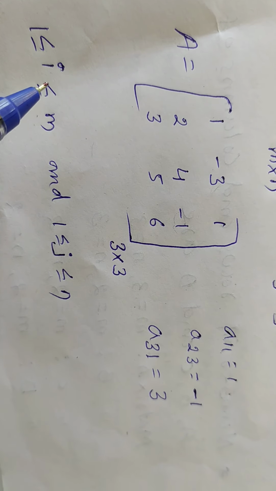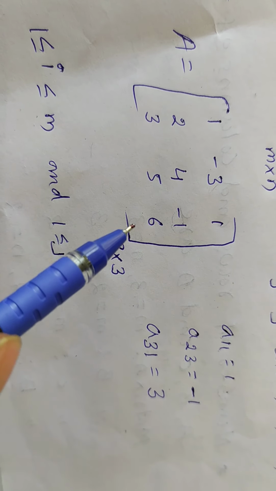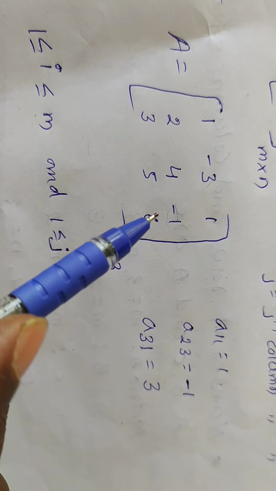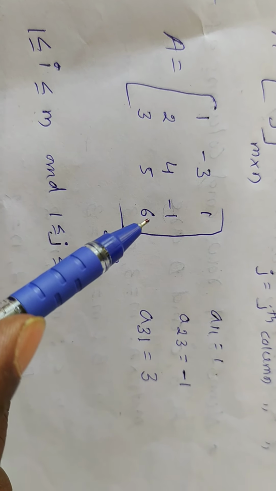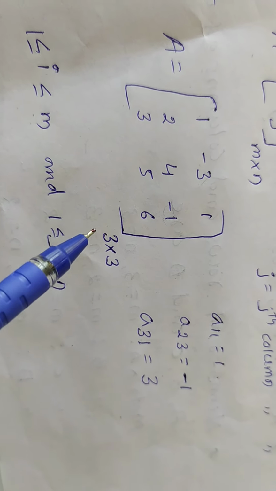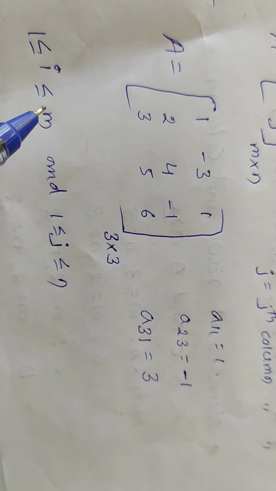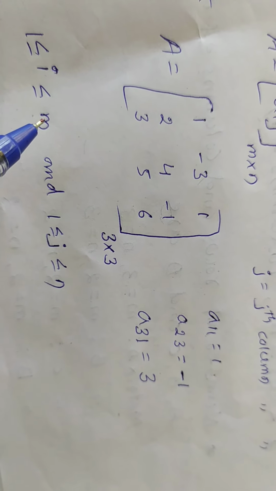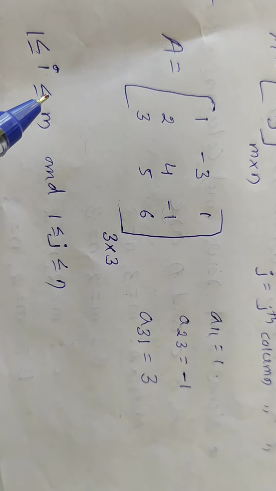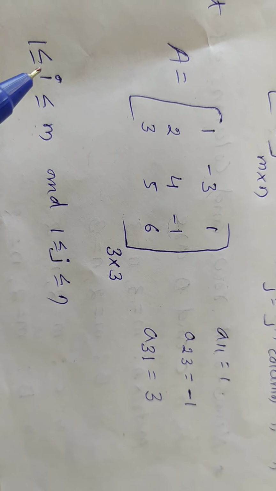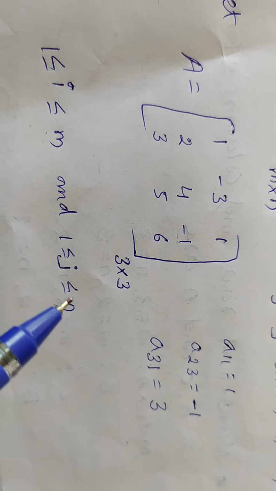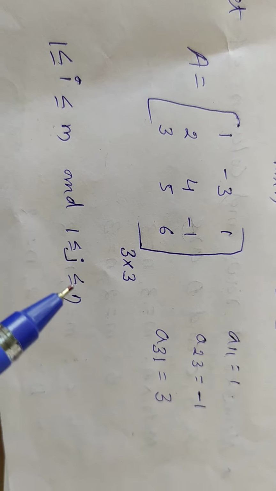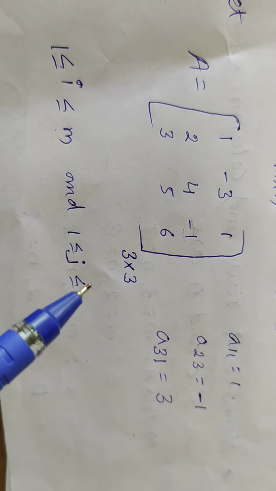Take 6, it belongs to third row, i equals 3, and m equals 3, so i equals m. So i is either less than m or equal to m, and also greater than or equal to 1. Similarly, j is greater than or equal to 1 and less than or equal to n.